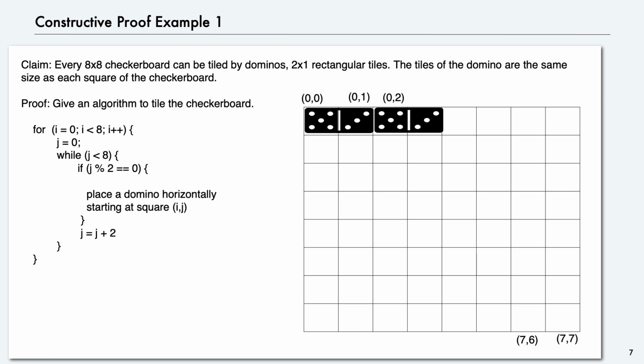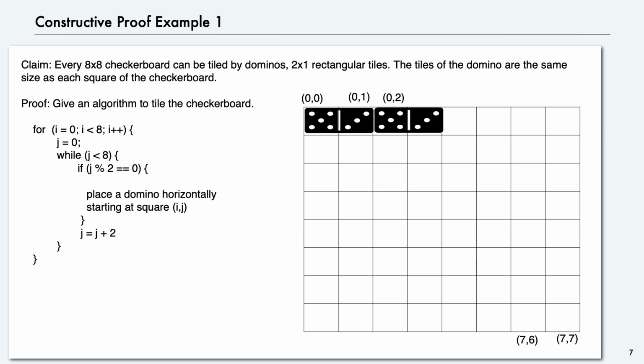So now for i, starting out with 0, while i is less than 8, we'll increment i. Then inside that loop, we'll set j equal to 0. While j is less than 8, we'll check if, when we divide j by 2, so we take the modulo, we get a remainder of 0. This is just another way to say that j is even.